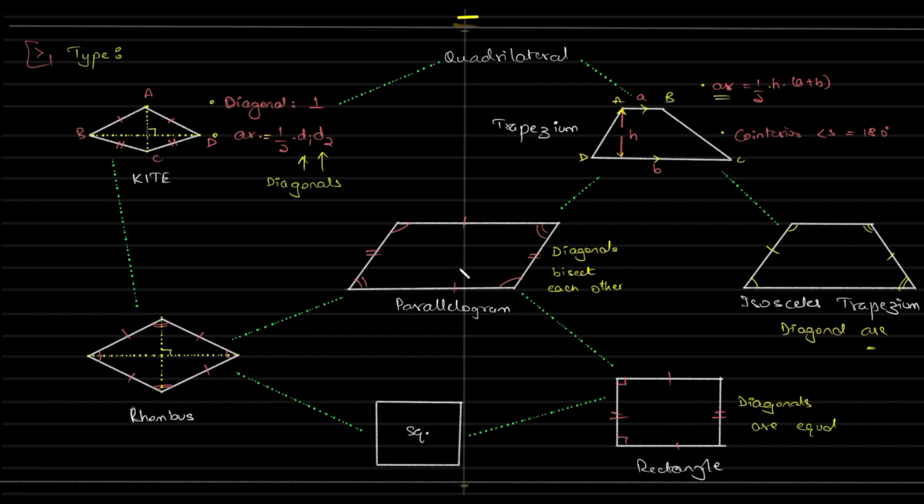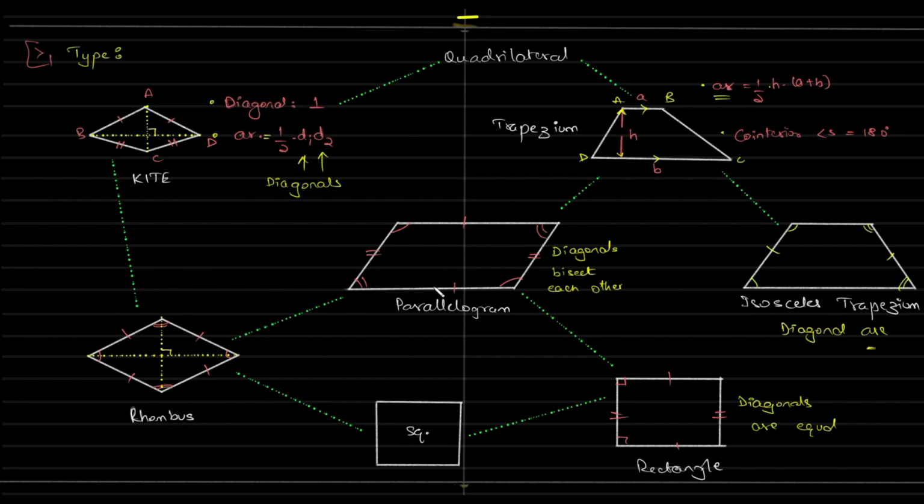So a parallelogram will have the properties of a trapezium, and an isosceles trapezium will have the properties of a trapezium, and much more. This rectangle will have the properties of a parallelogram, which in turn has the properties of a trapezium. So the rectangle will have the properties of a trapezium as well. It's like a generation.